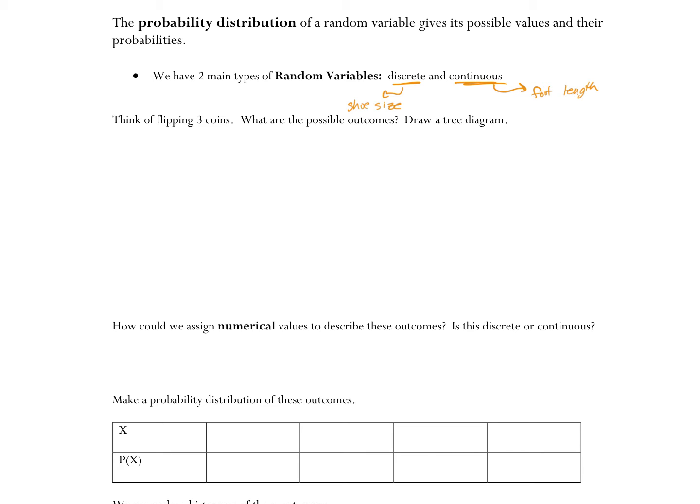Okay, so for the first coin, we can map that out as heads or tails. And then we flip the second coin. Then we flip the third coin.